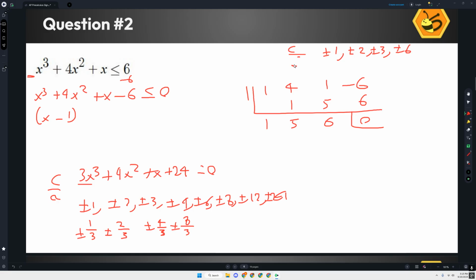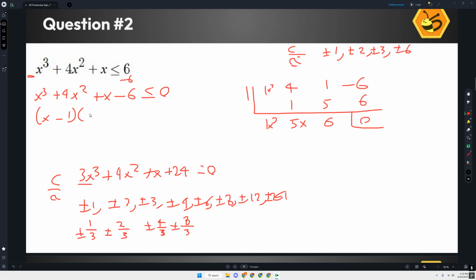The 1, 5, and 6. So from here we have each of these terms. Now that we divided by x minus 1, this is our x squared term and this is our x term. So pretty much you just subtract one x exponent and go one down. This was x there, now it's x squared, and so on.